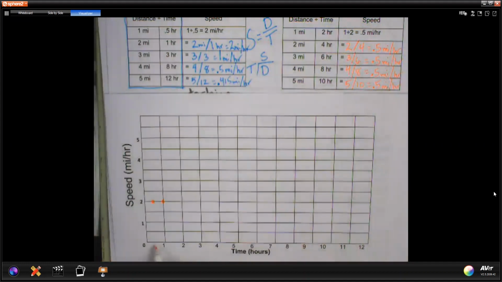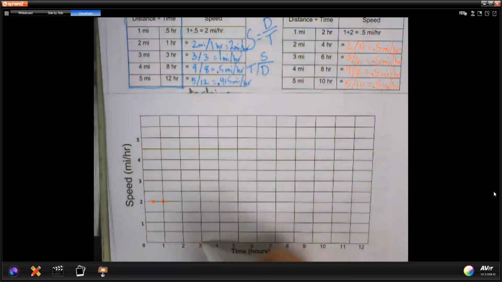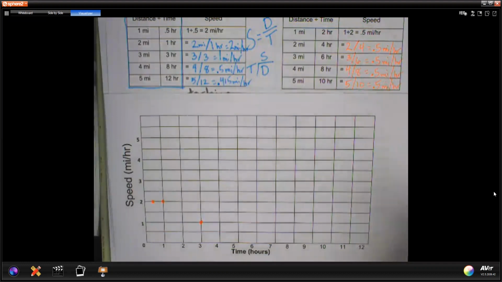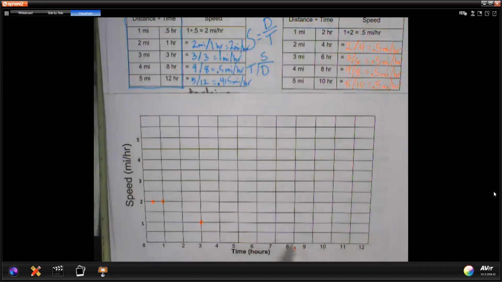Then we have 3 hours. So at the 3-hour mark right here, it's at 1 mile per hour. So we're finding where 3 meets 1 mile per hour, and that's our next mark. Our next one is 8 hours. I'm going to go across the 8 hours right here. It was 0.5 miles per hour.